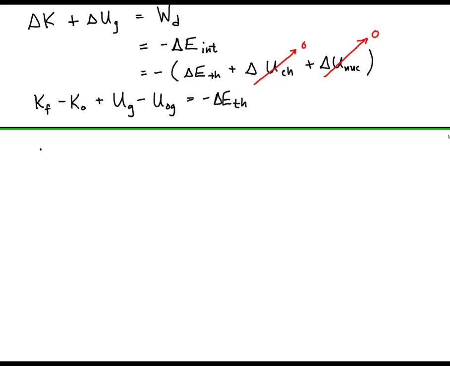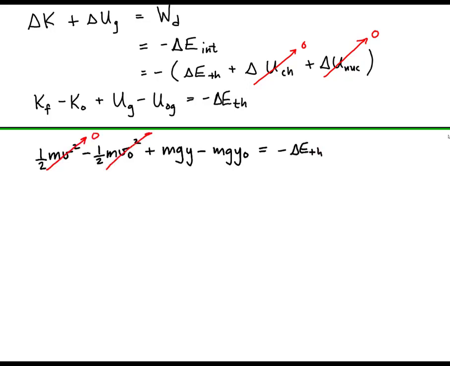So this is 1/2 mass times final speed squared minus 1/2 mass times initial speed squared plus mass times gravity times the final height minus mass times gravity times the initial height is equal to minus the change of thermal energy. We know the final speed is 0 and the initial speed is 0.